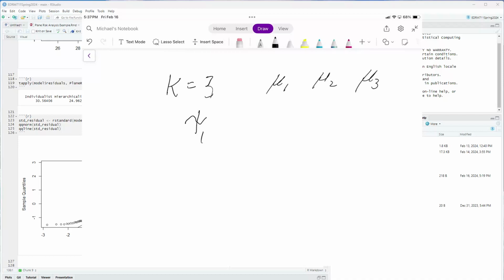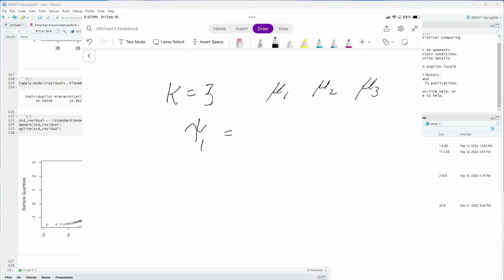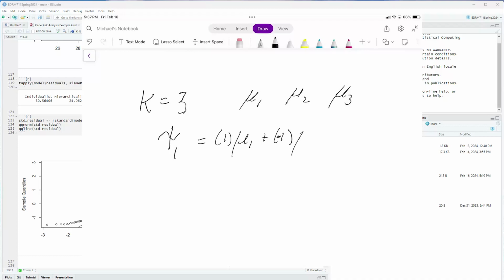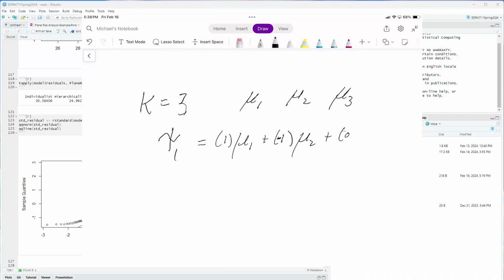Remember, we're doing multiple comparisons of means, so we're going to have multiple contrasts in a family. And that first contrast, let's suppose that I make the weight in front of mean 1 to be 1, the weight in front of mean 2 to be -1, and the weight in front of mean 3 to be 0.